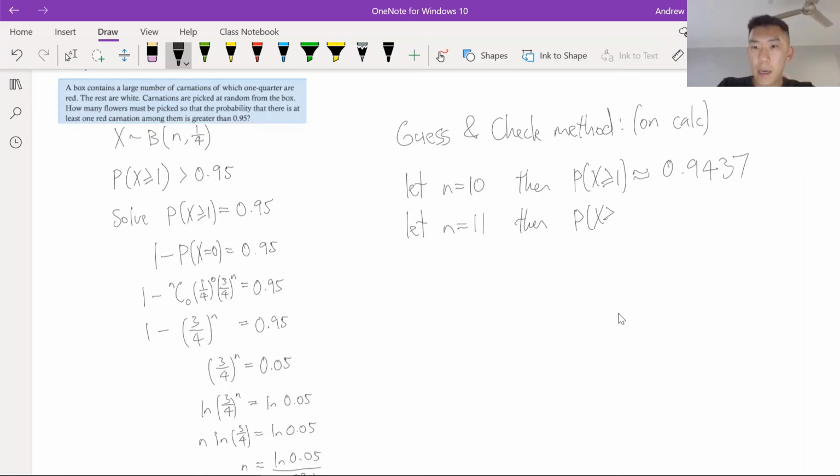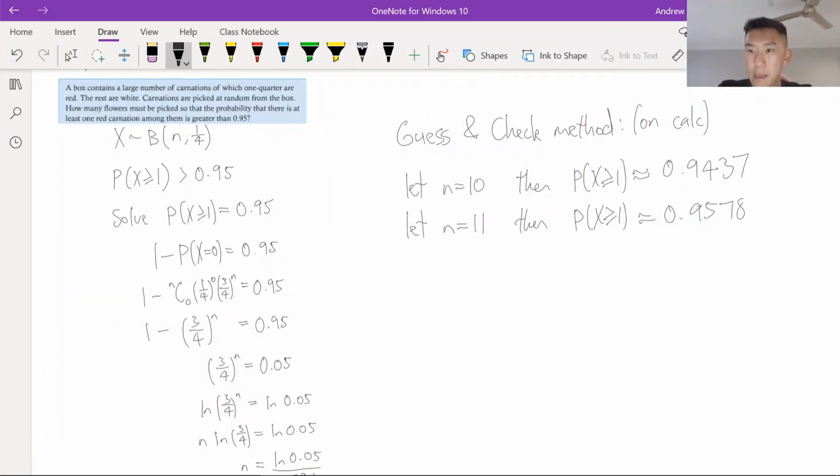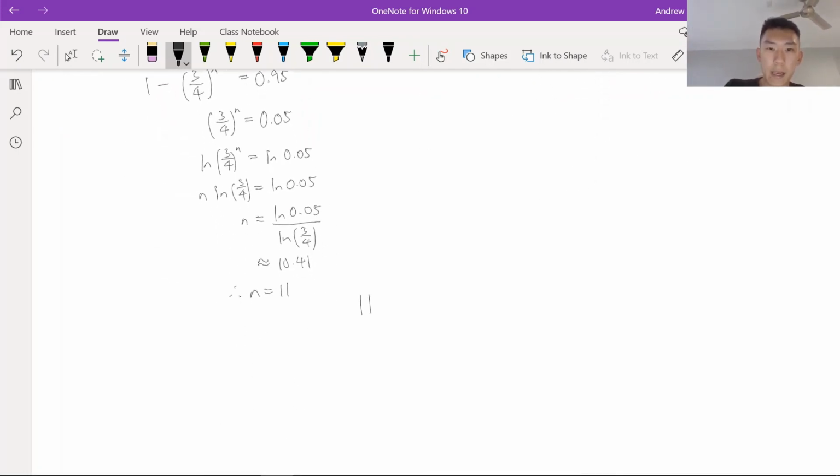P(X greater than or equal to 1) is approximately 0.9578. All right, which is greater than 95%. So therefore, n equals 11. So at the end of the day, 11 flowers must be picked.